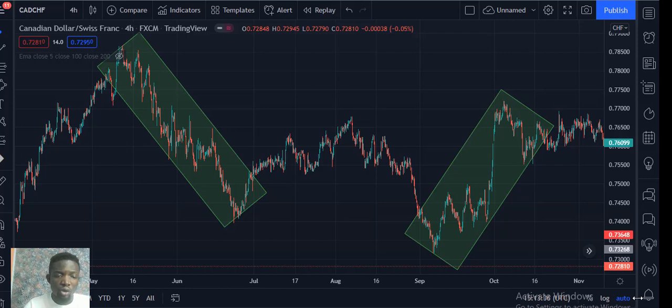Now, buying in forex is called what? It's called going long. When I say go long on Euro USD, I'm saying buy Euro USD. When I say Euro USD looks bullish, let's go bullish on Euro USD, I'm still saying let's buy Euro USD.